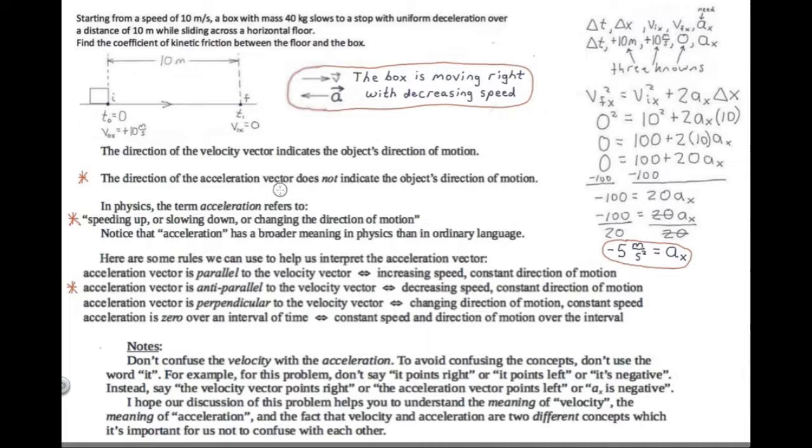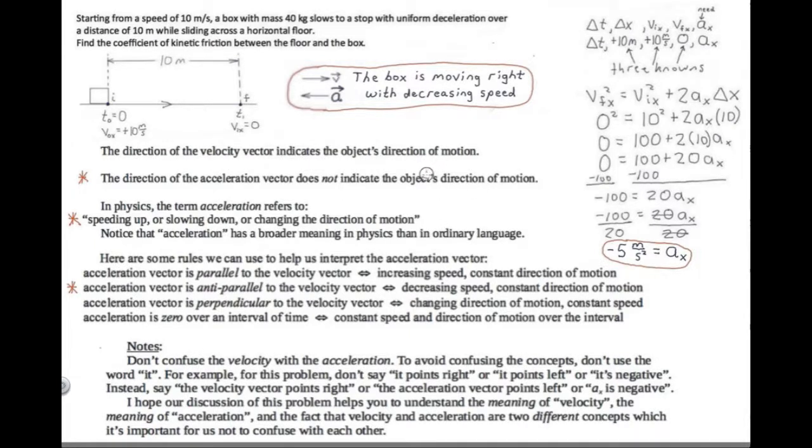Now, this problem illustrates that the acceleration vector does not indicate the object's direction of motion. On this problem, the acceleration points to the left, but that's not because the box is moving to the left. We know that the box is moving to the right. It's not the job of the acceleration vector to indicate the object's direction of motion. That's the job of the velocity vector.